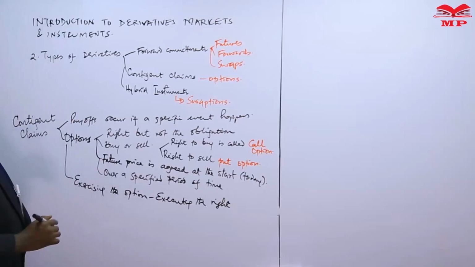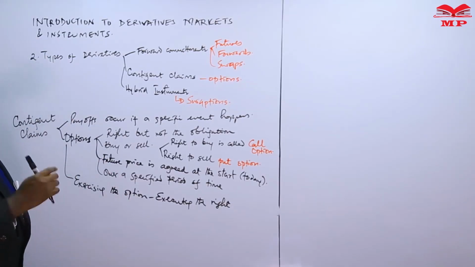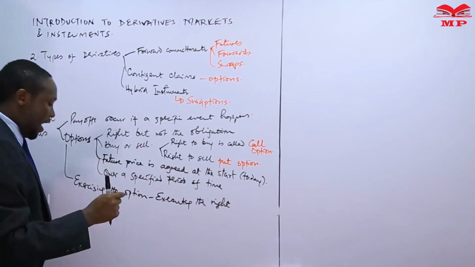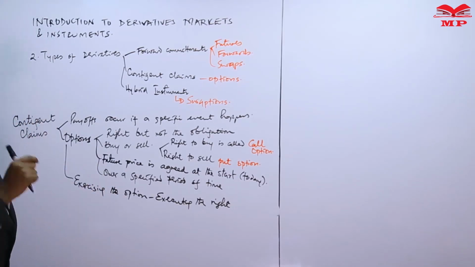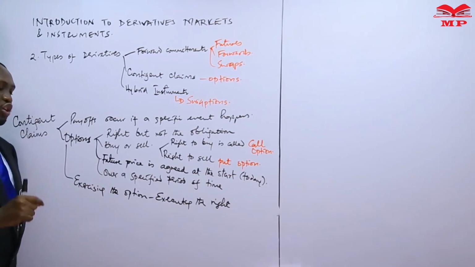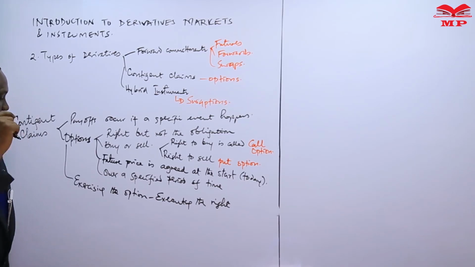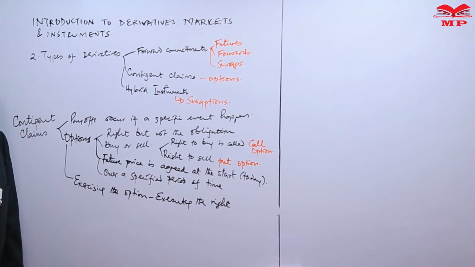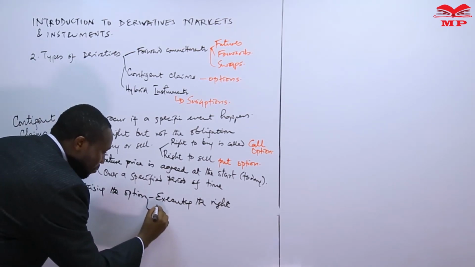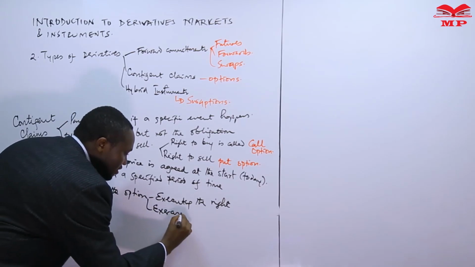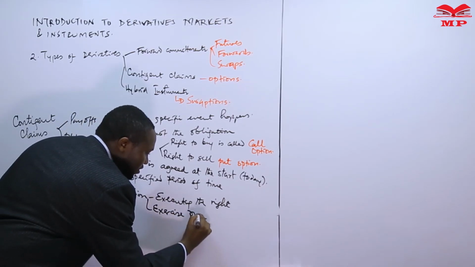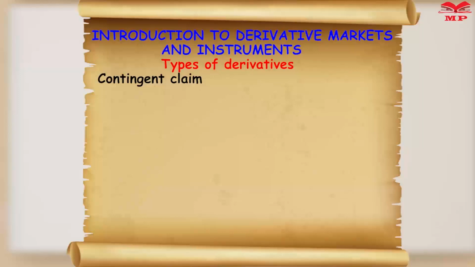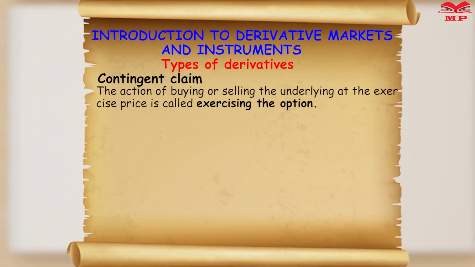When I say we are exercising the call option, you are deciding to buy. When you are exercising the put option, you have made the decision to sell. And at what price do you execute? It is called the exercise price. So the action of buying or selling the underlying asset is exercising the option at the exercise price.